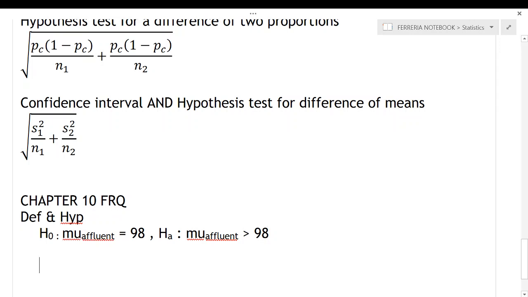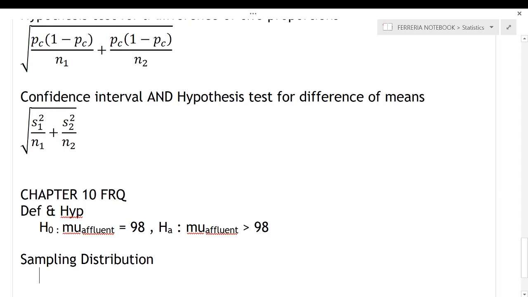Okay, what's next is going to be our conditions and our sampling distribution. So it's the same deal. We know that we're going to need to know the standard error. From that thing we just computed, the standard error is s over the square root of n.